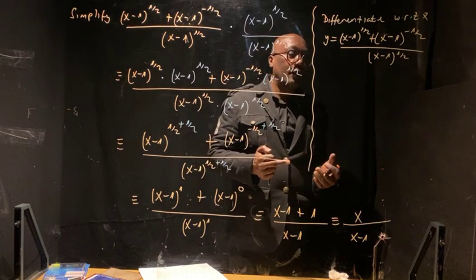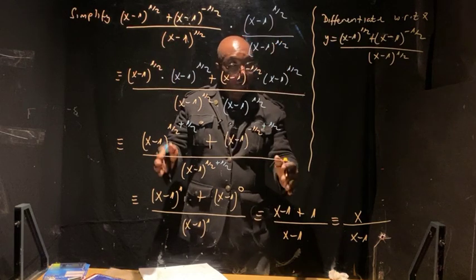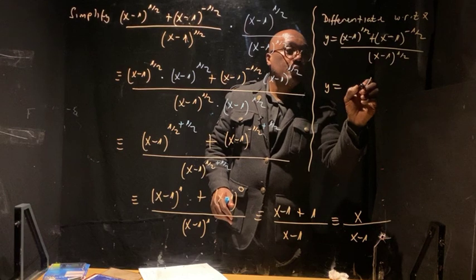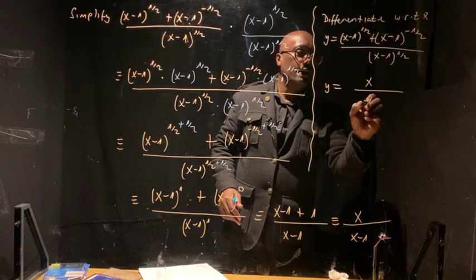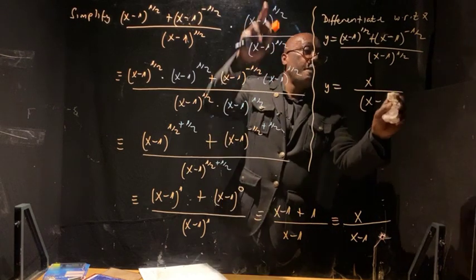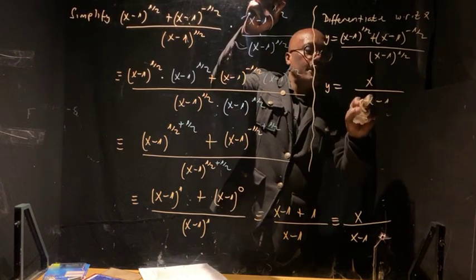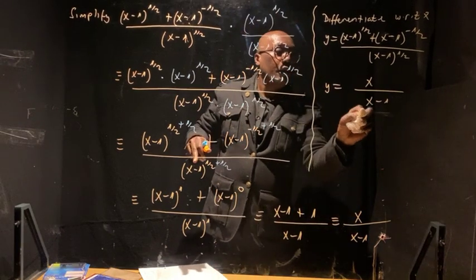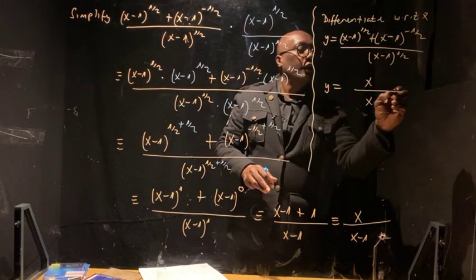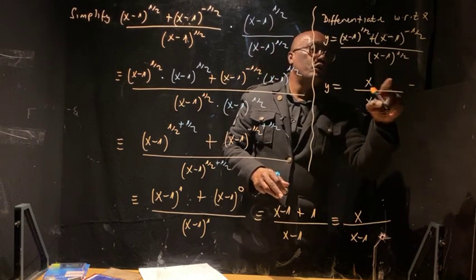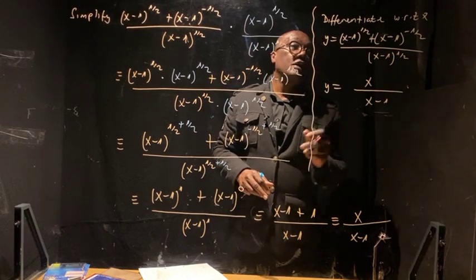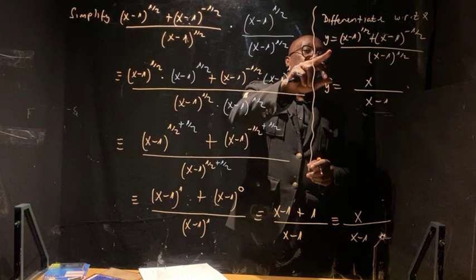To do that, you have to go through the whole process and then come to the point that y is equal to x over x minus 1. When you can do it to such a form, it becomes easier to use the quotient rule of differentiation to differentiate this one. Or in some cases, you may be requested to integrate this expression.